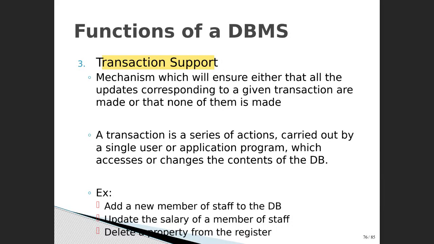For example, two users are updating records at the same time, so the database management system will have control over multiple transactions by multiple users, and will ensure that the update is reflected in the database.